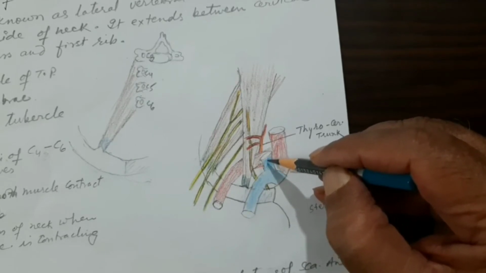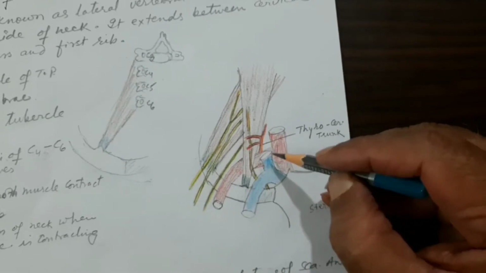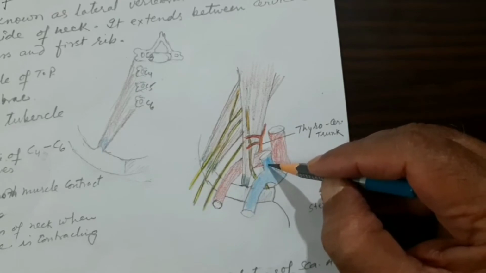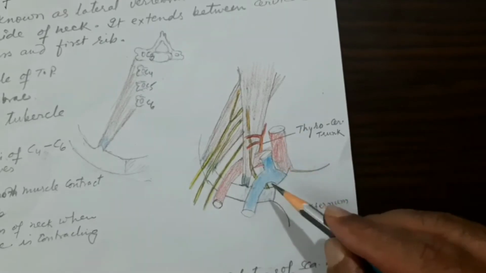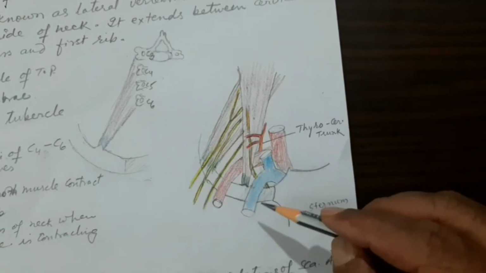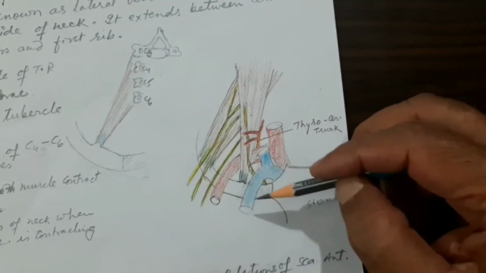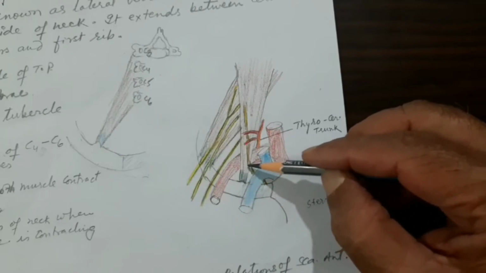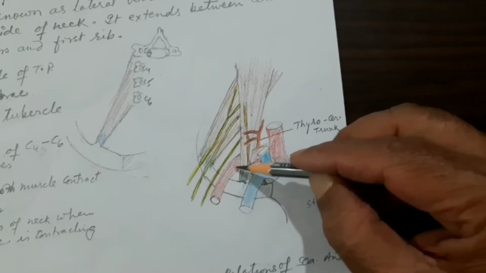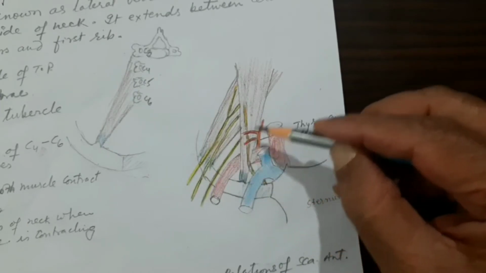This is the internal jugular vein, and this is the subclavian vein. I have just pulled the subclavian vein a little forward and downward, otherwise it lies here in the lowermost part in front of the Scalenus anterior muscle.